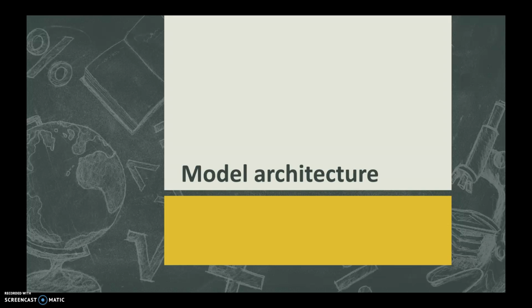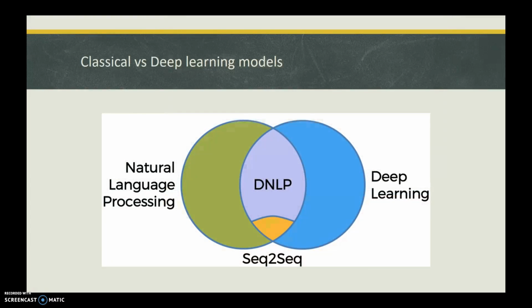The next part is model architecture. To show you some common information, I want to compare between classical and deep learning models. In the previous time, many developers used natural language processing to invent and develop their software, but in recent times, people are using more deep learning.